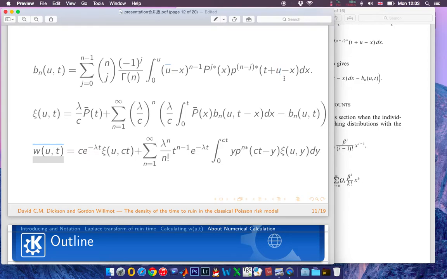So the problem becomes much simpler than we expected, because instead of considering a two-variable, two-parameter function, we only need to consider a one-parameter function; the other parameter is operating on the time t all the time.